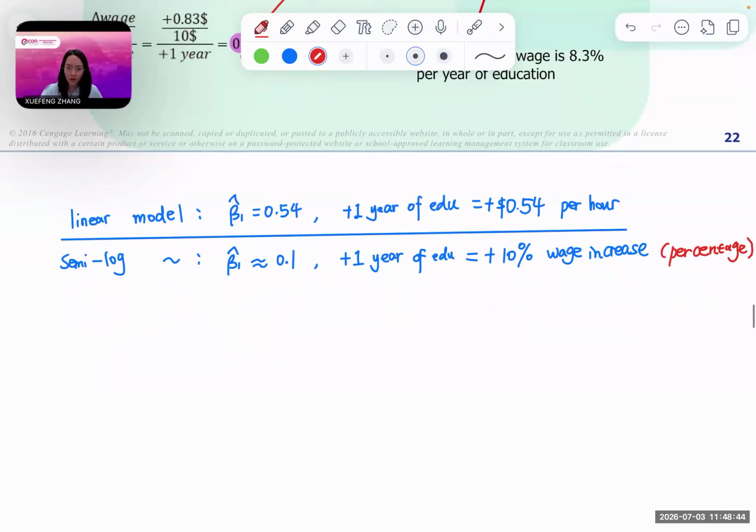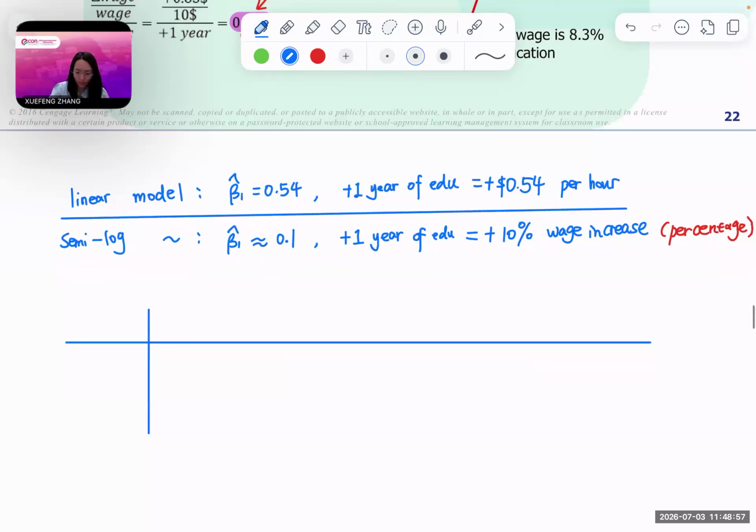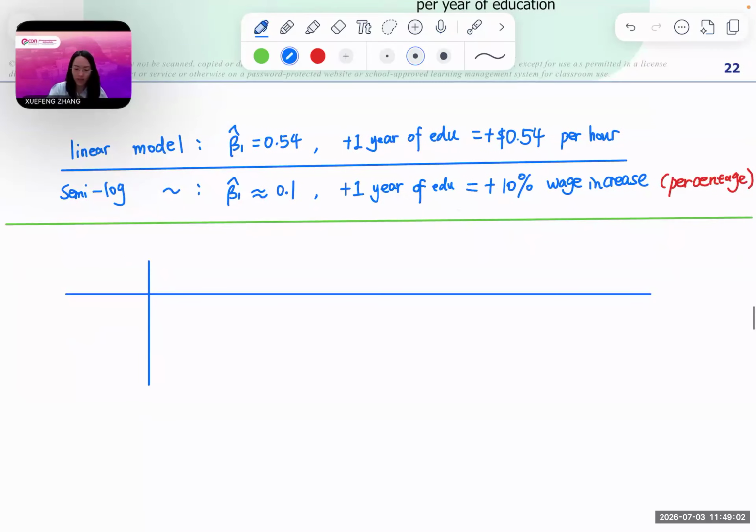And another one, linear with log, semi-log. Okay, what is the form? And what does beta 1 hat mean?